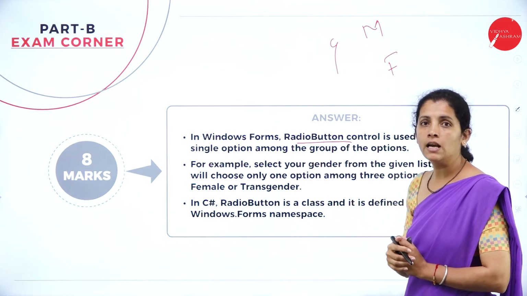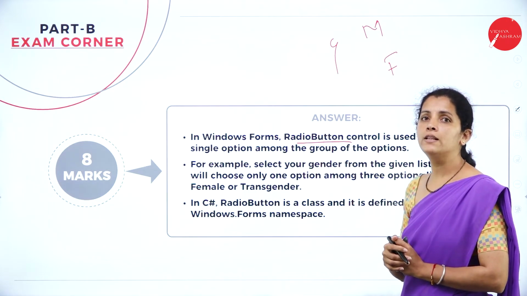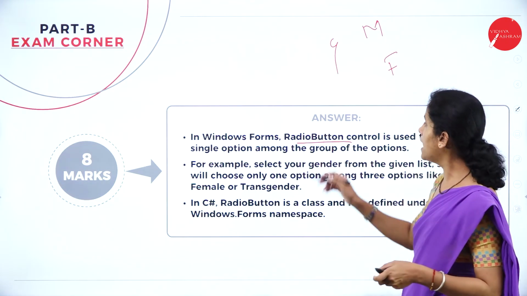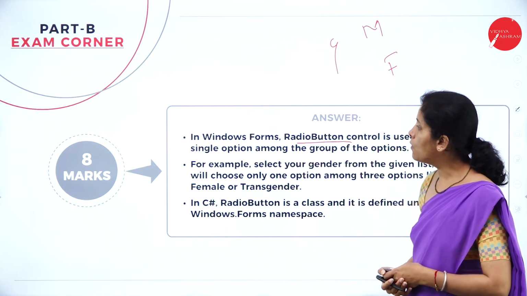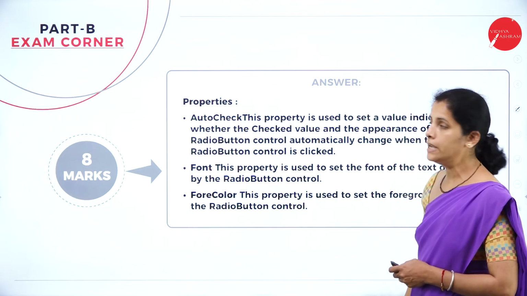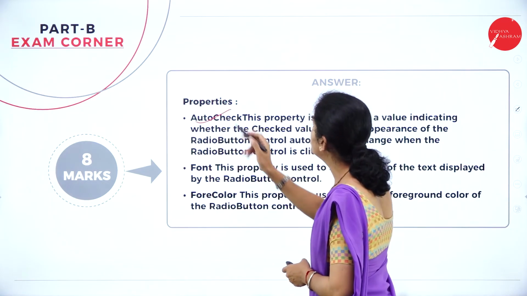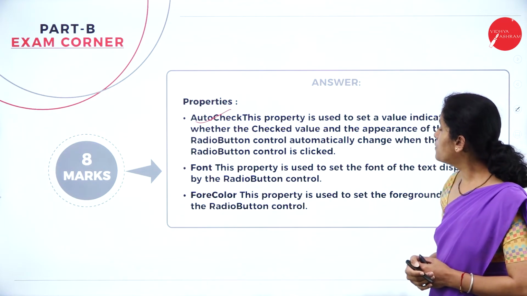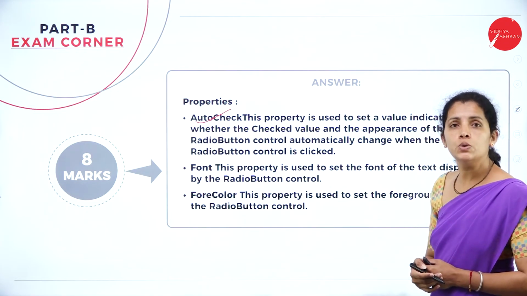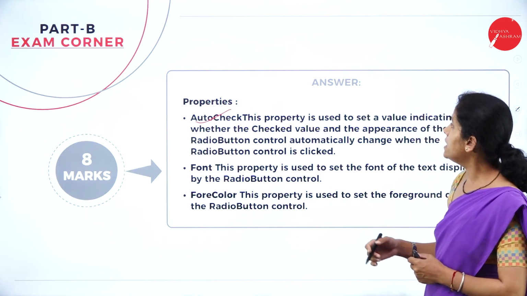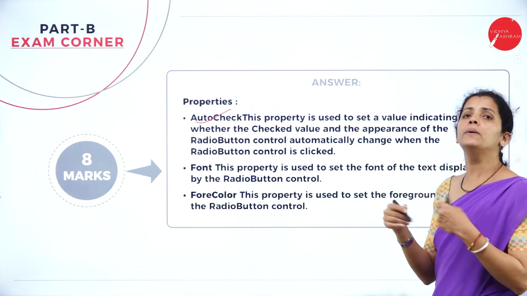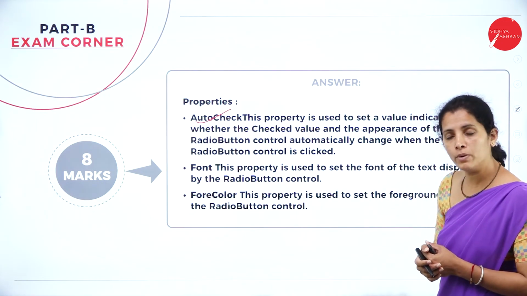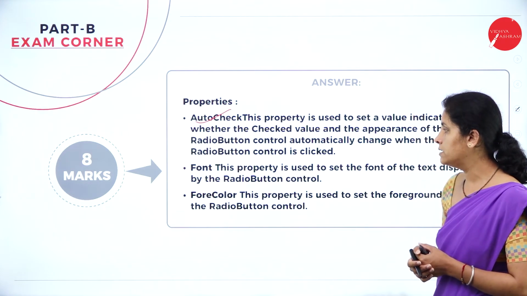I want to select either male or female. So, only one option. For that, I am going to have radio button. Now, if I consider the properties, AutoCheck. Okay, this property is used to check the state of the radio button. So, automatically it's going to check the state of the radio button.